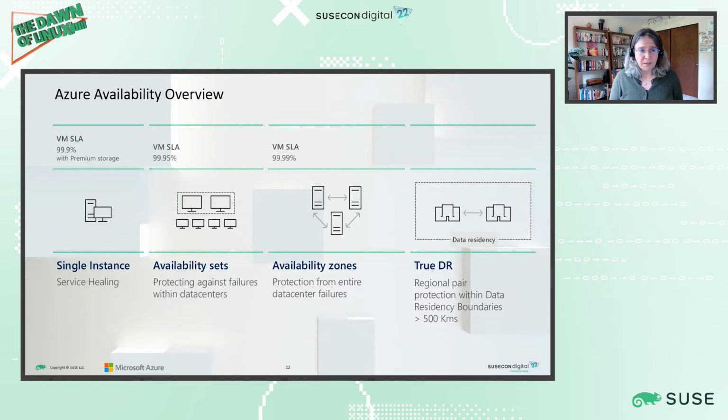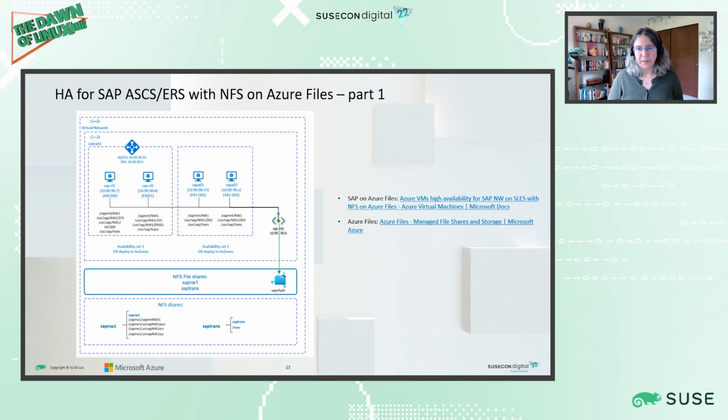And the one thing that you should be aware of when you are employing the concept of Metro DR is that there is no guarantee for the distance between the different availability zones within a region. So just something to keep in mind. If we come back again to the availability zones topic, I should mention to pay attention to the cross-zonal latency because it's not exactly the same in different Azure regions.